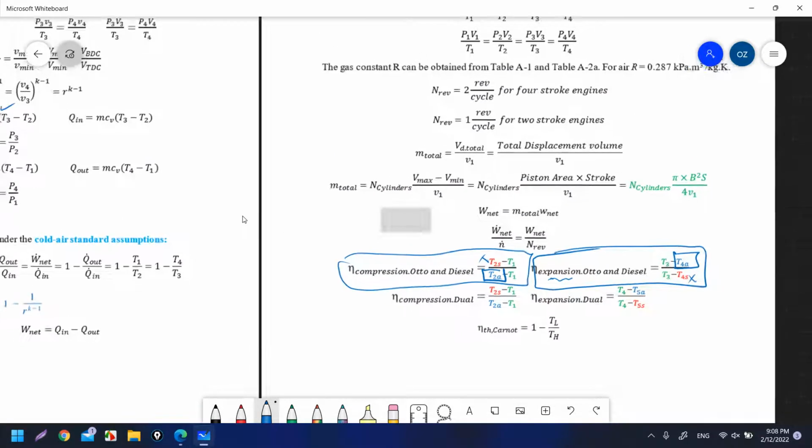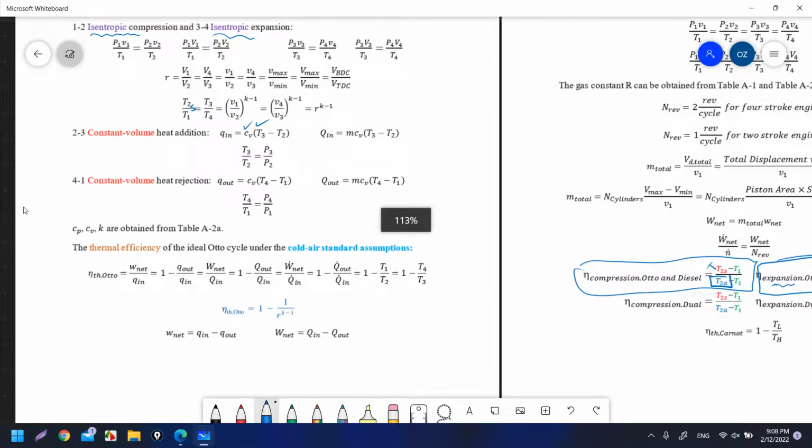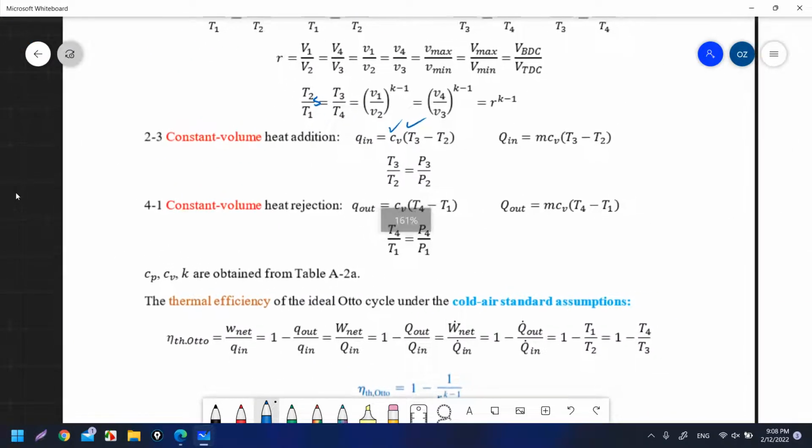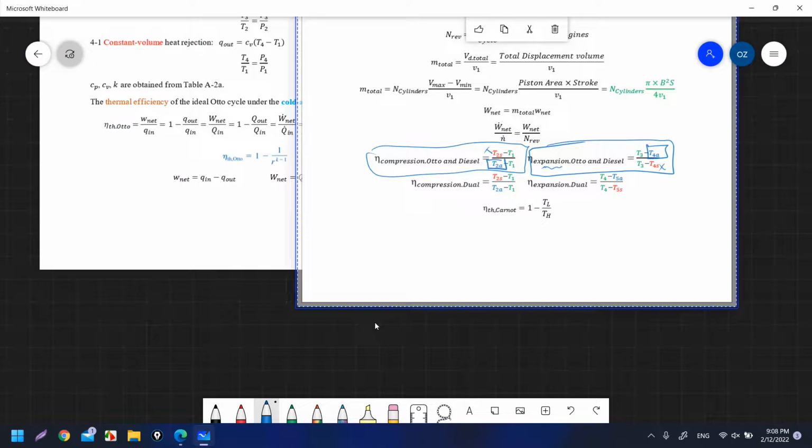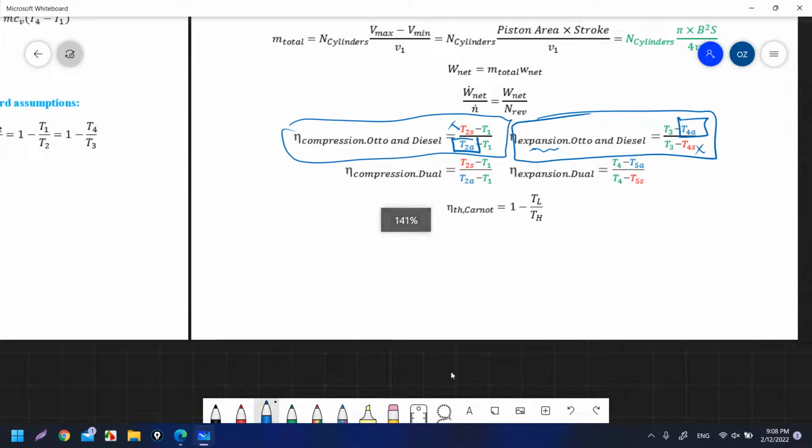So when he asks about the Qin, the input or the heat addition in the cycle, T3 is the same, but T2 is for the actual. So I want to find T2A. And this relation is only for the isentropic process. So it will give me T2S, and I cannot use this equation to find T2 and then substitute it in the equation to find Qin. No. After I find T2S from the isentropic equation, I have to go to the isentropic efficiency relation here and use this equation.